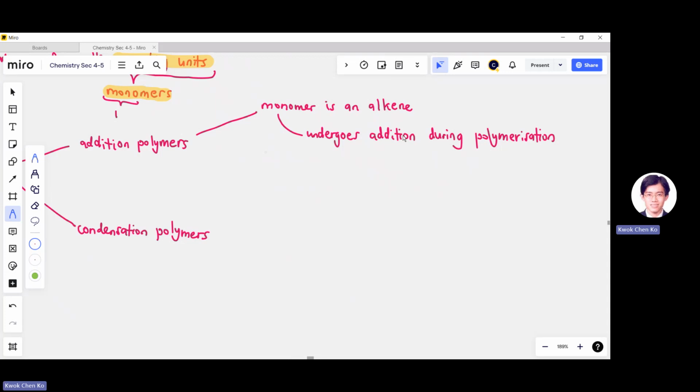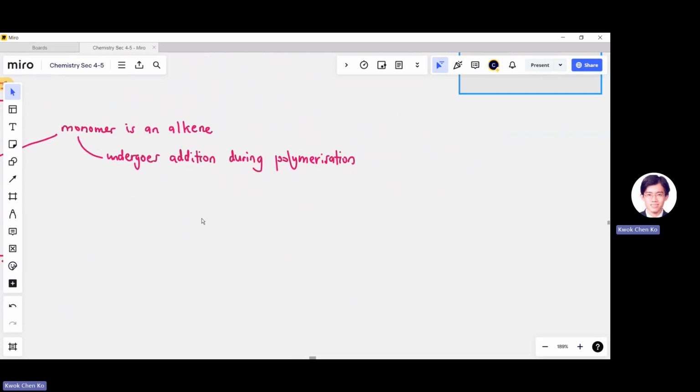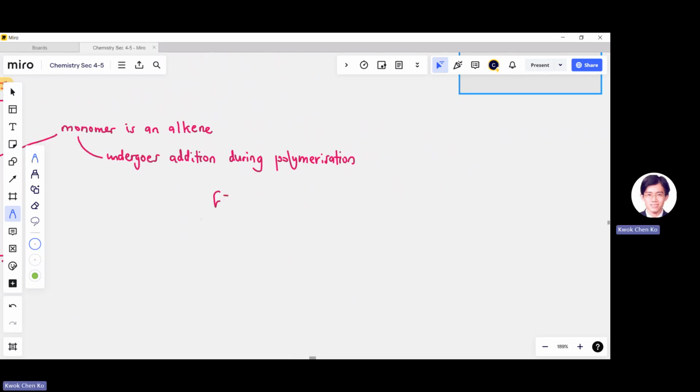So the key is this. Anytime you see this guy, the simplest alkene, Jingjie, can you remember what's the simplest alkene? The structure looks like this. Zayden, can you remember the name?